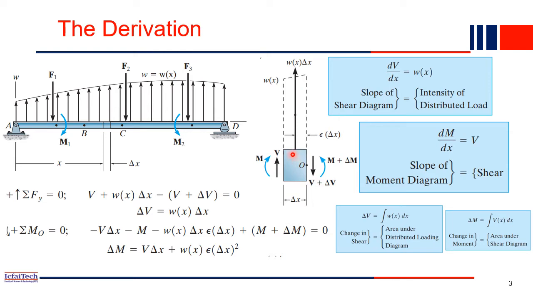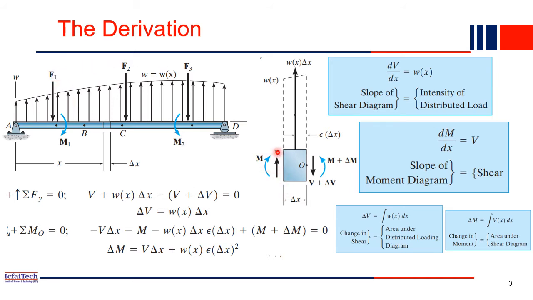You can see the length of this small section is delta x. On the left side of this section, moment M is acting and the shear force is V, the internal forces generated because of the external forces.